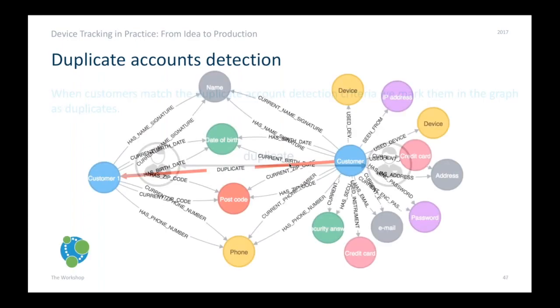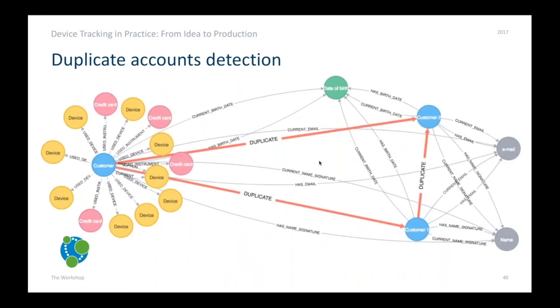And here's how it looks again, from this snapshot from Neo4j in production. We've got the same customers, and not only do they share the name, date of birth, postal code, and phone, but since we detected they share so many things, we created this duplicate account relationship type. Here's another example where we see three customers.